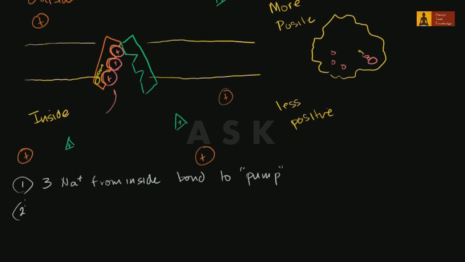Now step 2, we have also ATP. ATP gets broken into ADP plus phosphate on the actual protein, and that changes the shape. So that also provides energy to change the pump's shape.